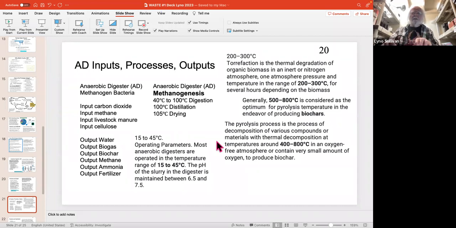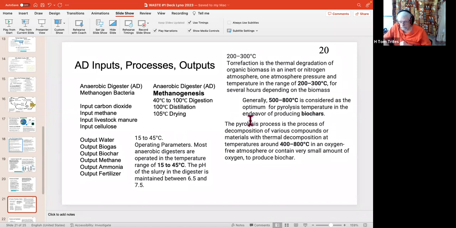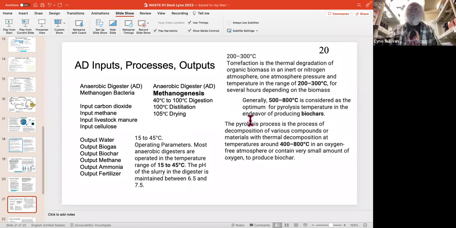I don't get into the details of those, but anything that says bio oil, biofuel, biogas, anything with bio in it is probably a part of the potential process. So 500 to 800 producing biochars, and the pyrolysis picks up from about 400 to 800 in an oxygen-free atmosphere, anaerobic, and a very small amount of oxygen is introduced, heavily controlled, to produce biochar.